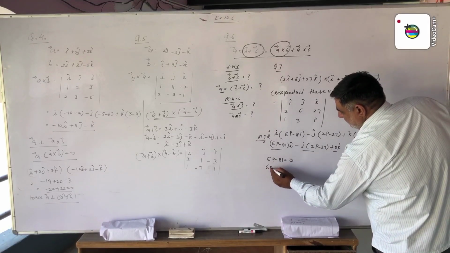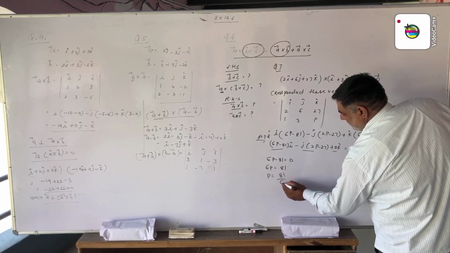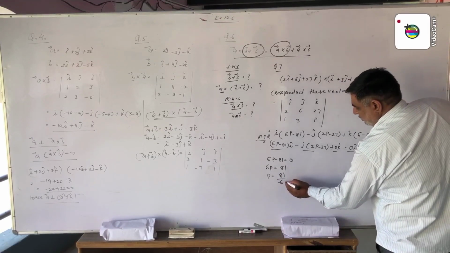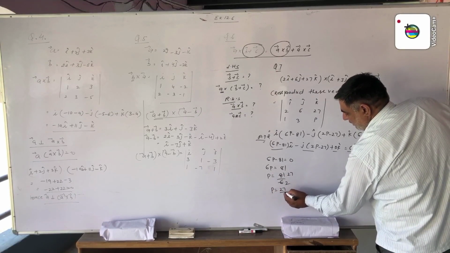Now we get 6P equal to 81 and P is equal to 81 by 6. We cancel by 3: 3 into 6, 3 into 27. P is equal to 27 by 2.